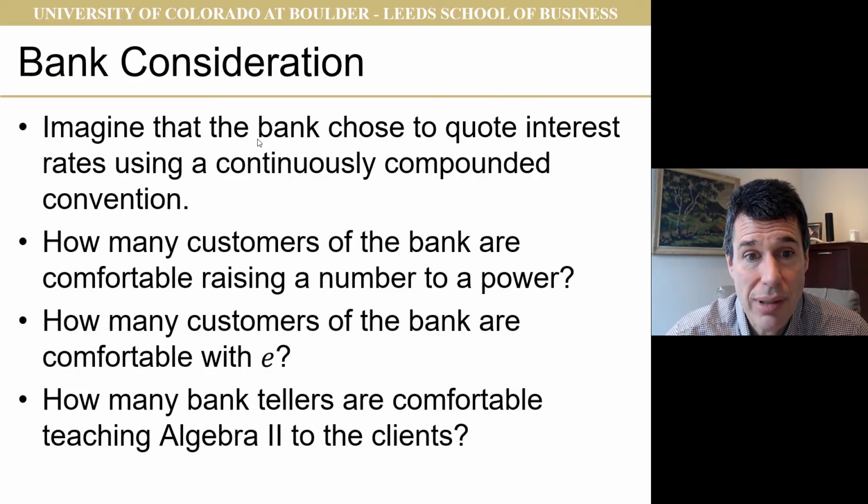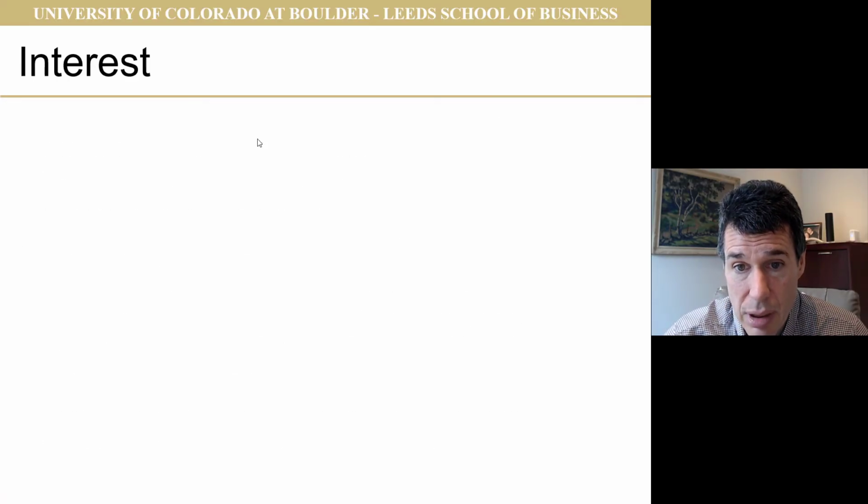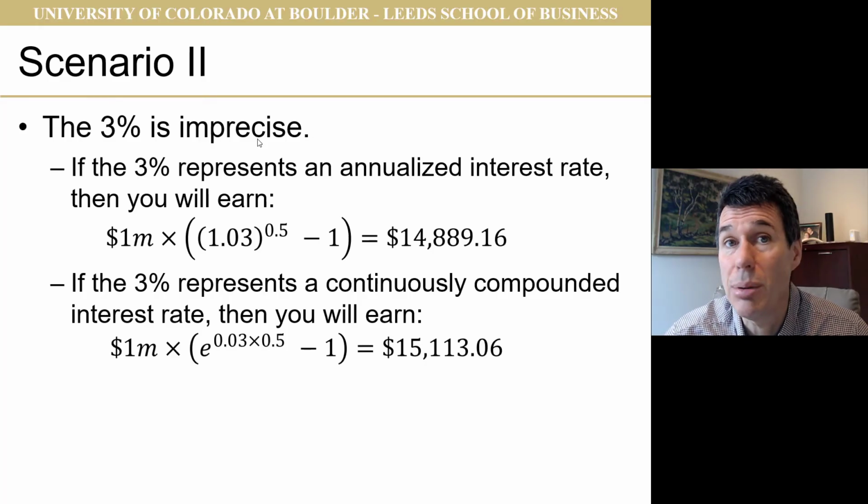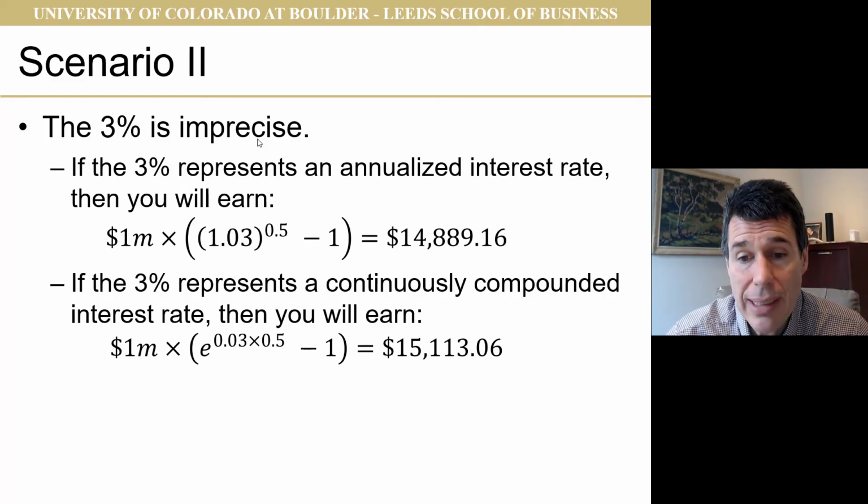If the bank quotes interest rates using E to the RT, continuously compounded rate, a fair question when you ask the bank, how much interest will I earn? And the bank tells you, let's go back to the number, 15,113.06. A very reasonable question is, how did you calculate 15,113.06? And when the bank says, oh, I took $1 million, e to the 0.03 times 0.5 minus 1, a fair question is, what the heck is e?